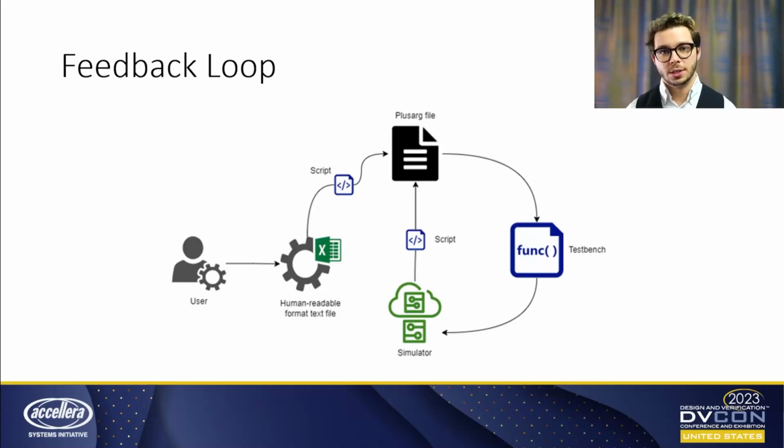All of this is controllable through text files when it comes to plusargs and our framework. So all of this can be automated because there are, and we are going to present one as well, a few open source tools on the internet that can parse UCIS databases, which is the standard for coverage databases. That's how a feedback loop can be established. You use the coverage to modify the inputs to the test cases, which modifies the behavior of the test cases or creates new ones.